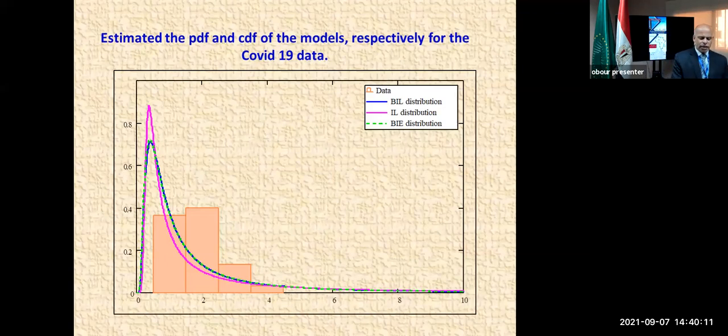We can see that our distribution, in blue, covers more area of the histogram than the others.